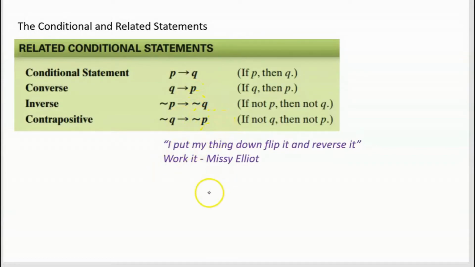And if you'll see down below from Missy Elliott, "I put my thing down, flip it, and reverse it." You may recognize that as the words from Work It. And this is silly, but I think this might help you remember this. So Missy's thing is the conditional statement. She flips it by taking the inverse. So the inverse is the flipping it.